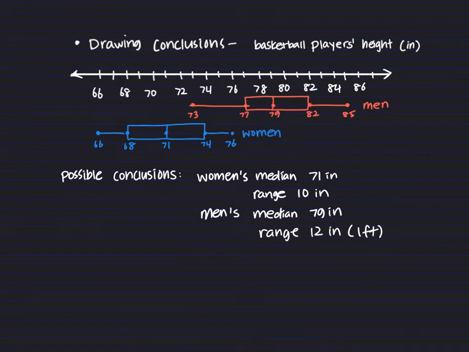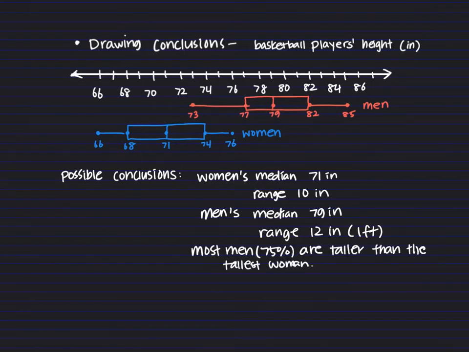So you have 75%. You can say that it's most of the men. Okay. On the other hand, you can also say that some of the women, because it's going to be about 25%, some women are taller than the shortest man as well.